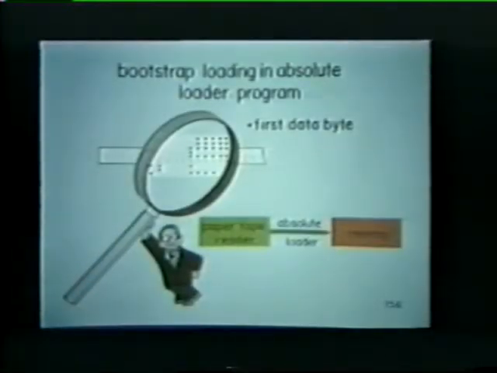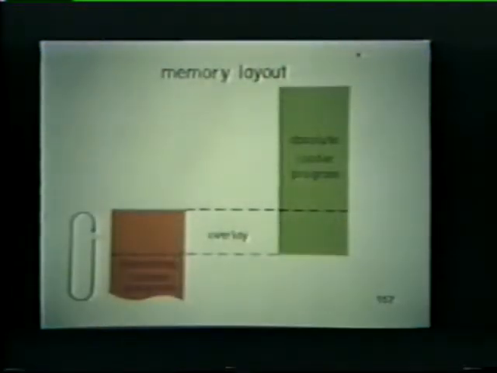When the paper tape reader reads the first data byte of the Absolute Loader program, the Bootstrap starts transferring the Absolute Loader into successive memory locations. Each time the Bootstrap Loader loops, a byte of information is read and transferred into memory. As the Absolute Loader is stored in memory, a portion of this program overlaps or overlays the beginning of the Bootstrap Loader.